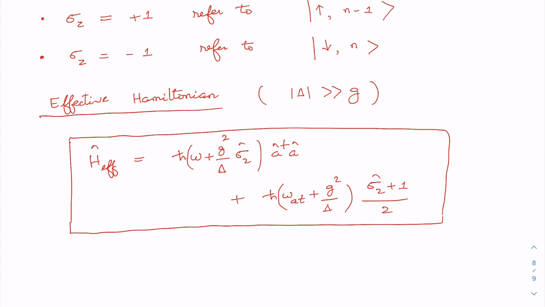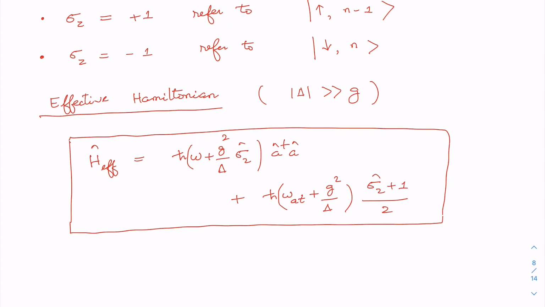And now I think it's time for us to discuss some experimental work regarding this Jaynes-Cummings model in the context of circuit QED. So let us discuss some landmark work regarding experiments on the Jaynes-Cummings model in circuit quantum electrodynamics.